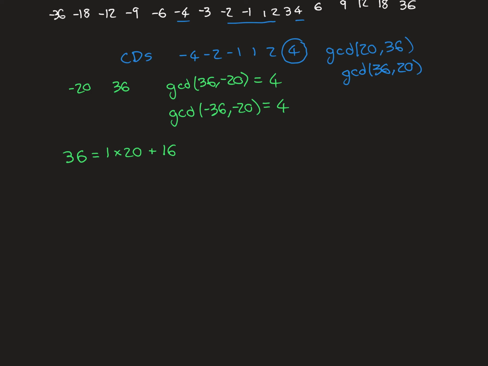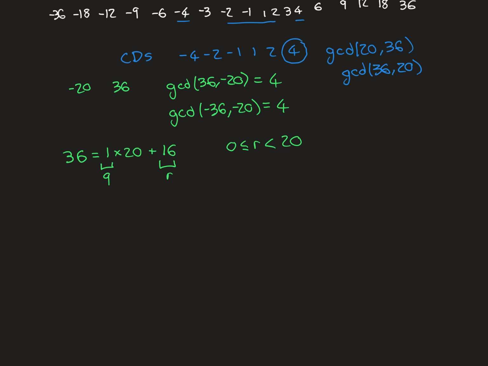We can pick a Q here and an R here, such that this remainder is a positive number, or at least non-negative. It might be 0. So R is going to be greater than or equal to 0, and it's going to be less than the size of the modulus of this number, so less than 20 in this case. So that's what we've got here. We've done it. We picked Q as 1, and then we have this remainder of 16, which certainly satisfies that inequality.